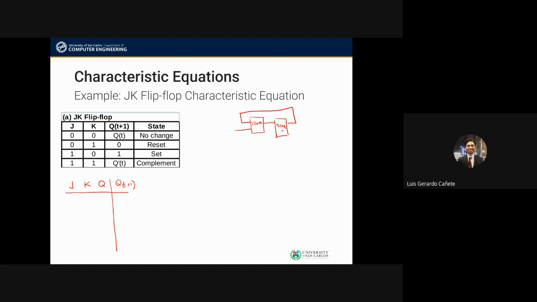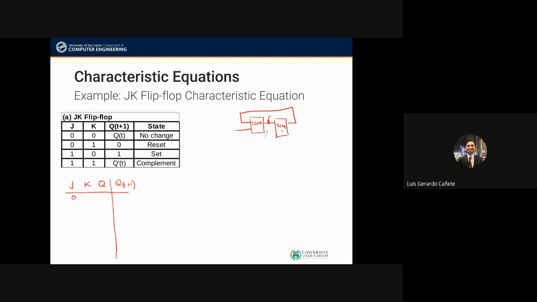So to get the characteristic equation, we really need the signal right here. We can determine that by taking the output, or the state, and applying that as an input to this combinational circuit. So we are basically looking for the algebraic expression or the logic function of this part of the circuit, not this part necessarily. That's why we are treating Q as if it were one of the inputs to your combinational circuit.